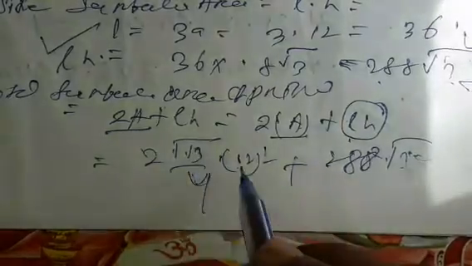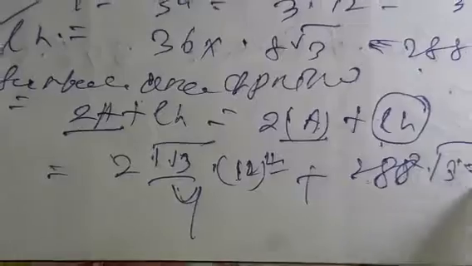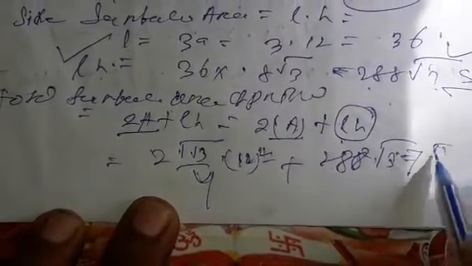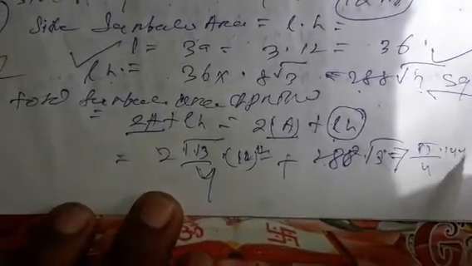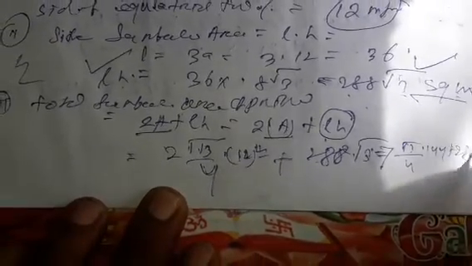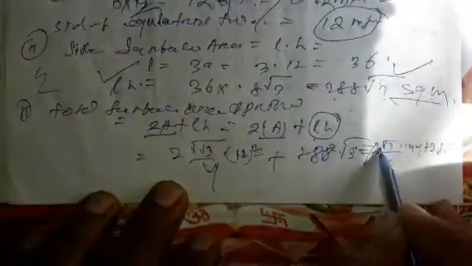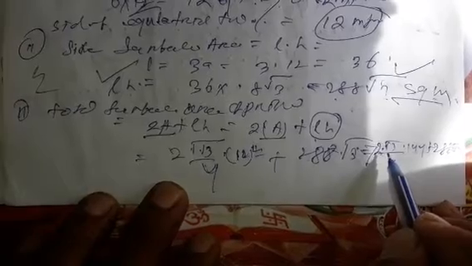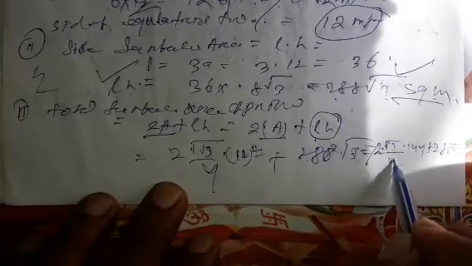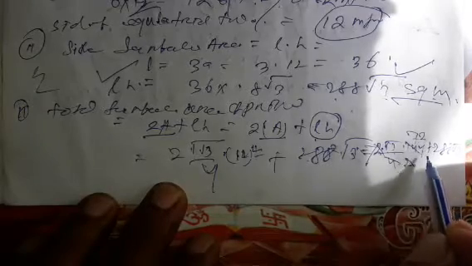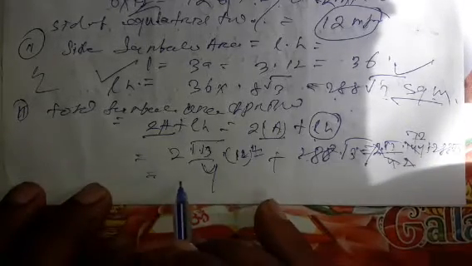So √3 by 4 a square, where a is equal to 12 whole square, and 288√3, implies √3 by 4 into 144 times 2, plus 288√3. From this, 2 into √3 by 4 into 144 is 72√3. So √3 is a common factor.